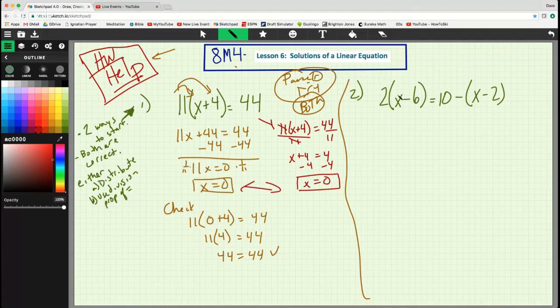All right, let's do this side. 2x minus 12 equals 10 minus x plus 2. And we can just flip our signs. For those of you who distributed, you'd end up with negative x minus negative 2, which is equal to negative x plus 2 as well.